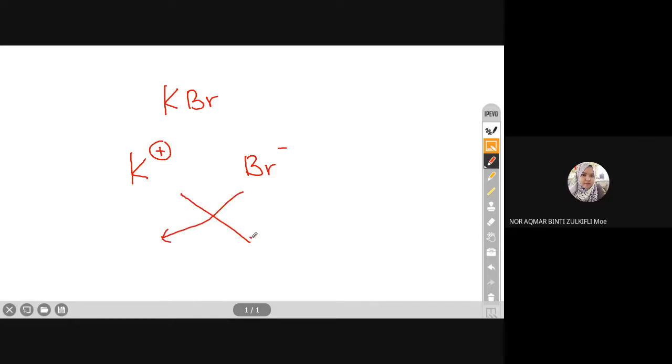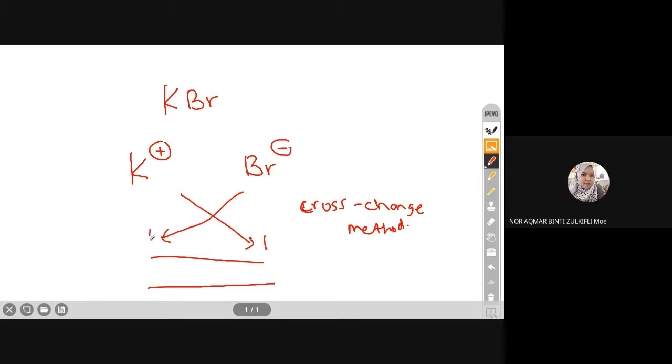Because you want to cross change method. Okay. So positive 1 you put 1 here. Negative 1 you put 1 here. So the answer is KBr. It means 1 1 lah.